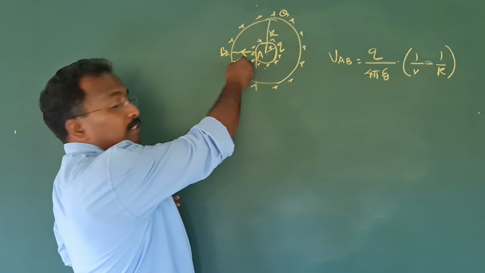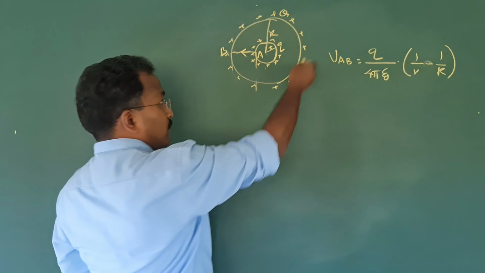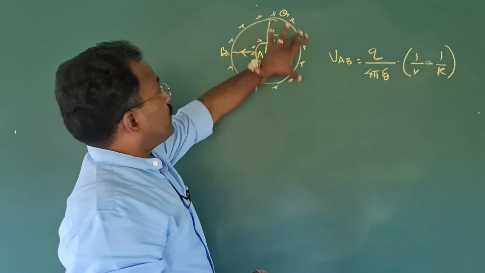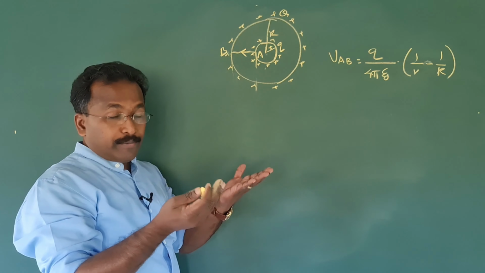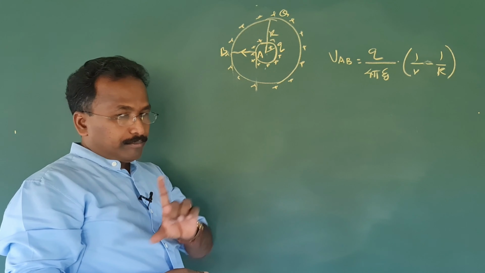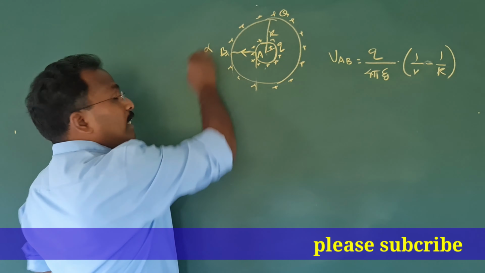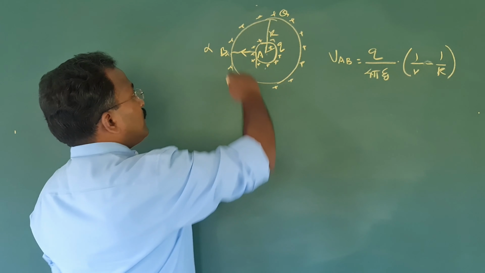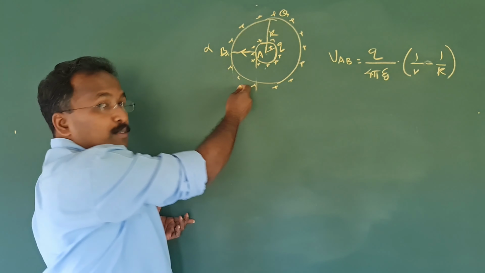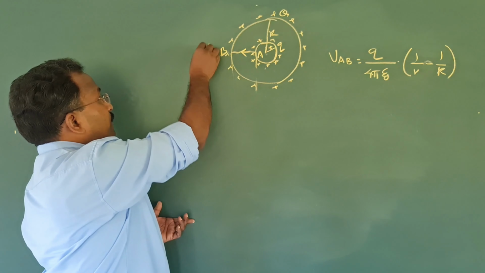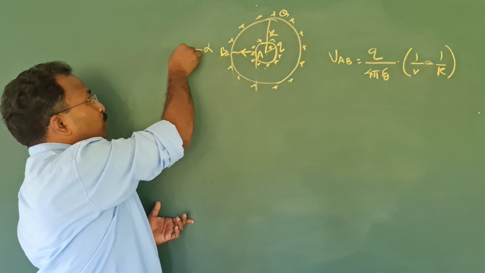If you connect it like this, the whole charge flows out, means the potential of this bigger shell goes on increasing. There is a use for that. Just remember this. If you keep an alpha particle here, because of the very large potential, this alpha particle will be pushed out.